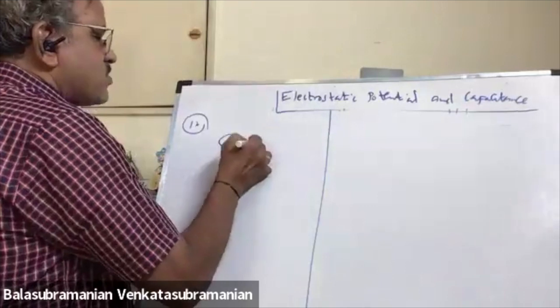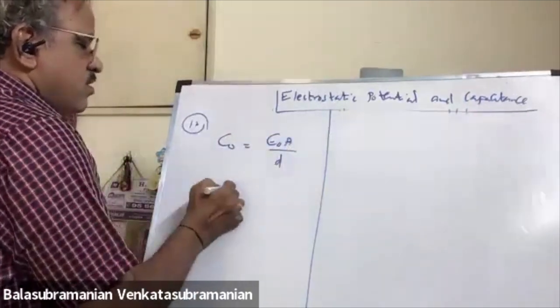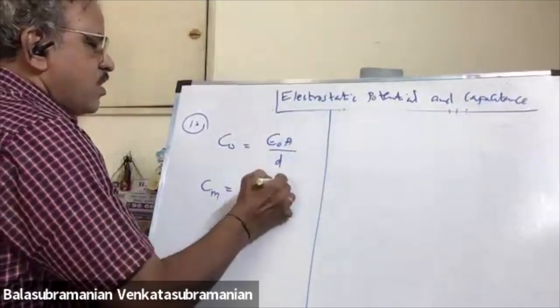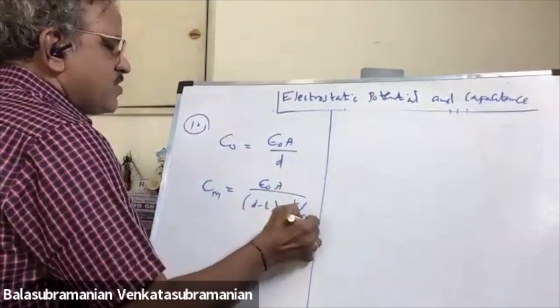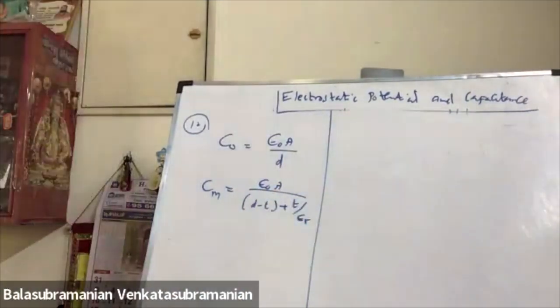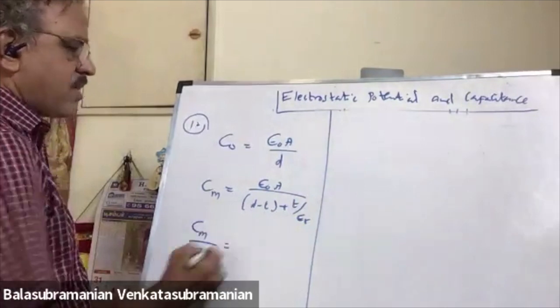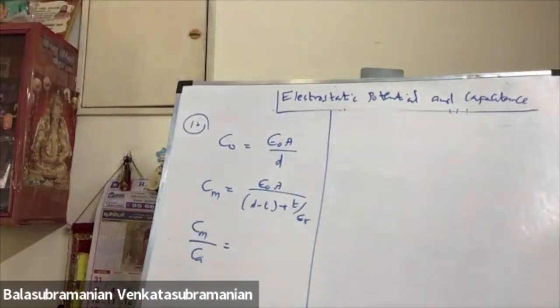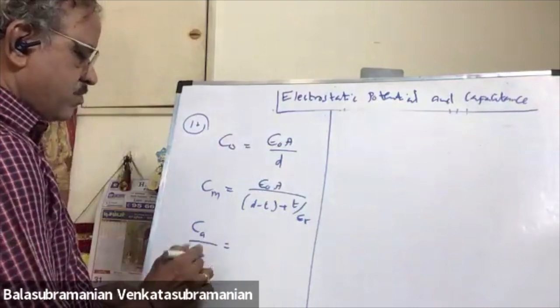Formula for air, C naught or C air, is epsilon naught A by D. C medium is epsilon naught A by D minus T plus T by epsilon R. So you calculate Cm by Cr, or Cr by Cm, anything.